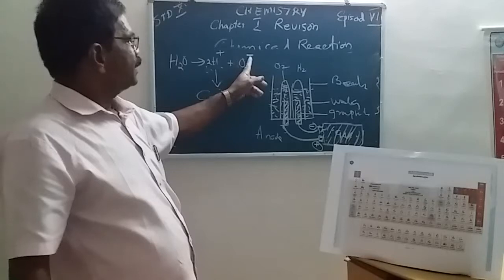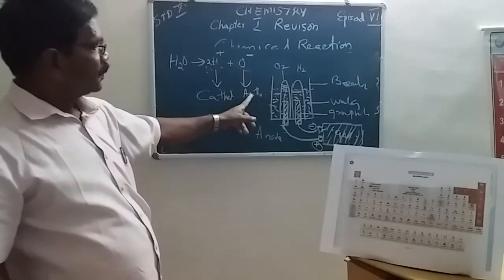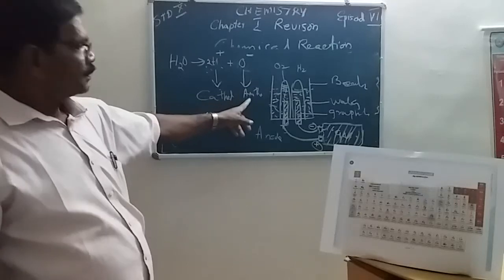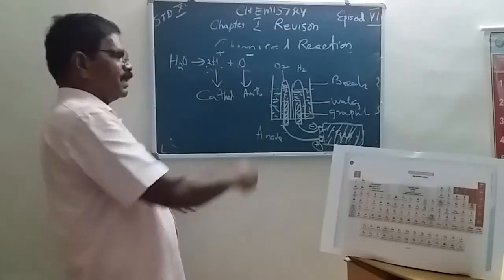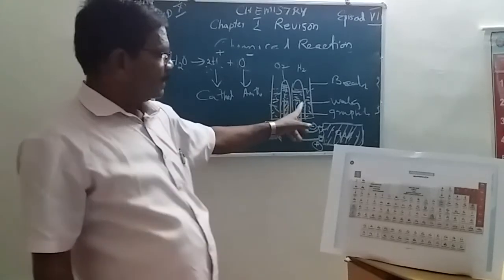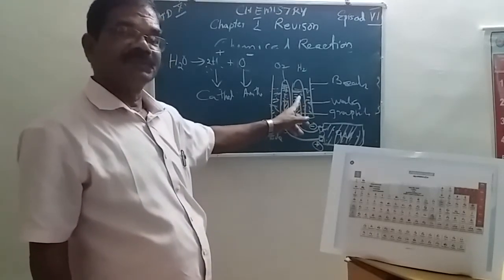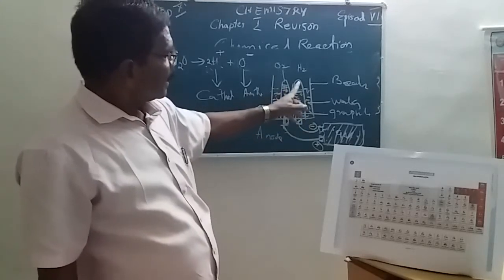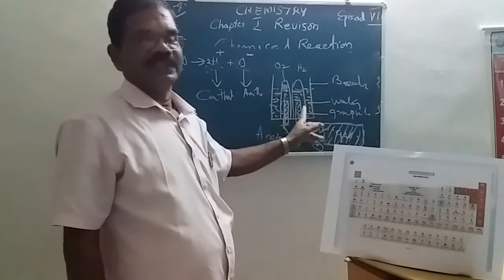And oxygen is a negative ion, it is always attracted to the positive electrode, known as anode. So, on passing electricity through acidified water, the electrical energy is absorbed and it decomposes to give hydrogen and oxygen.